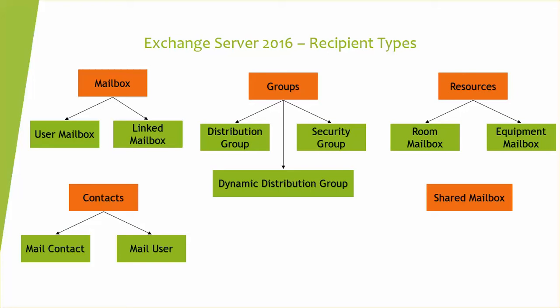So dynamic distribution group is adding members automatically based on conditions and filters that you define. You are not manually adding them to the group. It is adding them by itself automatically by using the properties or conditions that you are configuring.